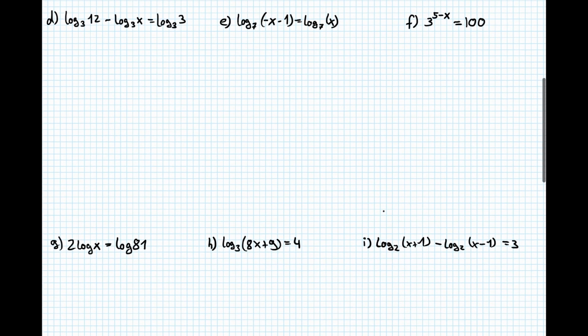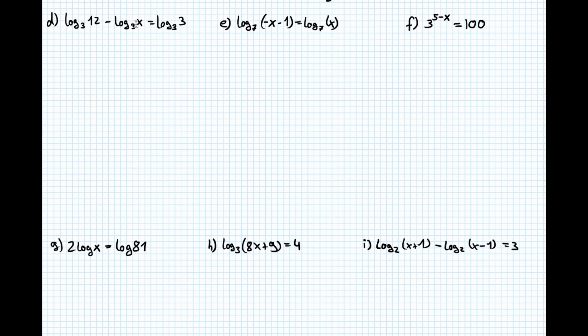Alright, I'll have 3 more examples here. Log base 3 of 12 minus log base 3 of x equals log base 3 of 3. First combine this left side here to make one logarithm. It will be log base 3 of 12 divided by x equals log base 3 of 3. Okay, and now we can eliminate the log base 3 because it's on both sides.